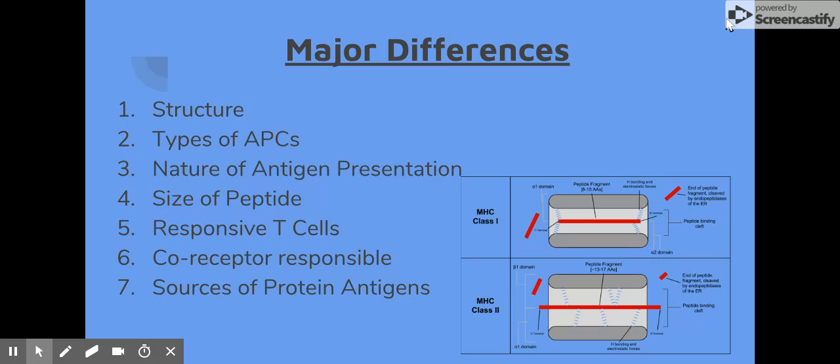And the last one on this part is the sources of protein antigens. In MHC1, the cytosolic proteins, mostly synthesized in the cell, may enter cytosol through phagosomes, whereas in MHC2, endosomal or lysosomal proteins are mostly internalized from the extracellular environment.